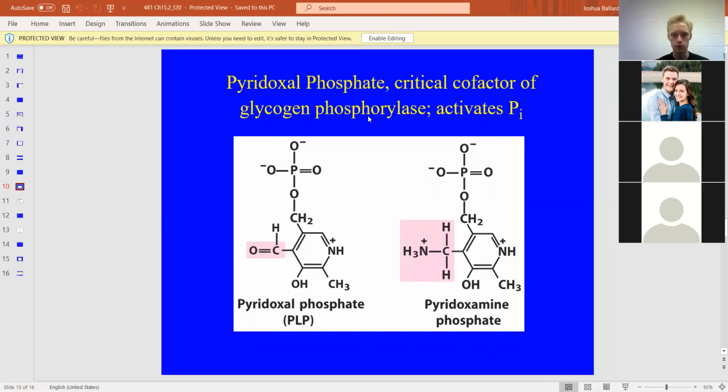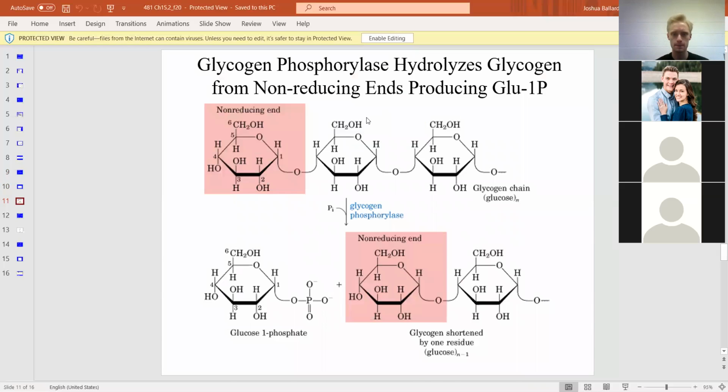And here's the pyridoxal phosphate, which activates the phosphate group. You won't have to draw out the pyridoxal phosphate. And then for glycogen phosphorylase, we have here a phosphorylase.